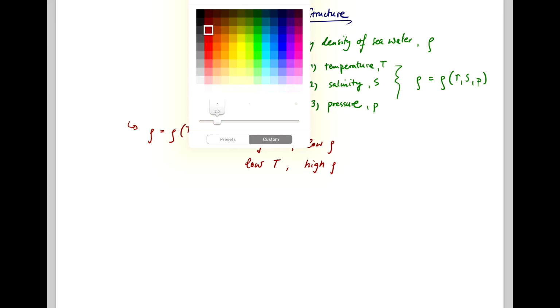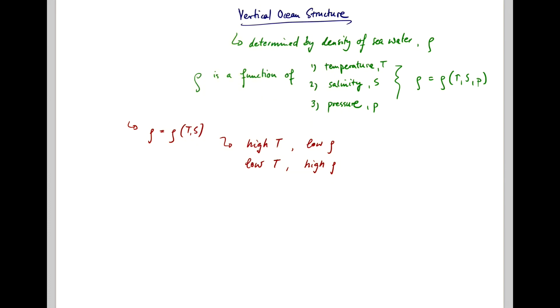However, this is made more complicated by the presence of salinity. Because if you have high salinity, you also have higher density. And if you have low salinity, you have low density rho.